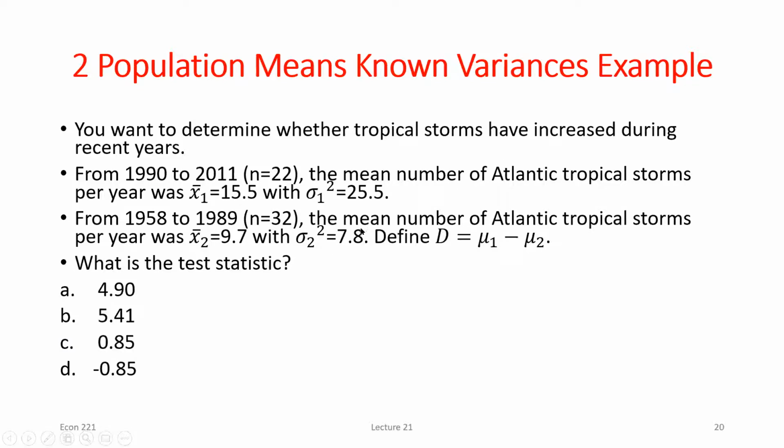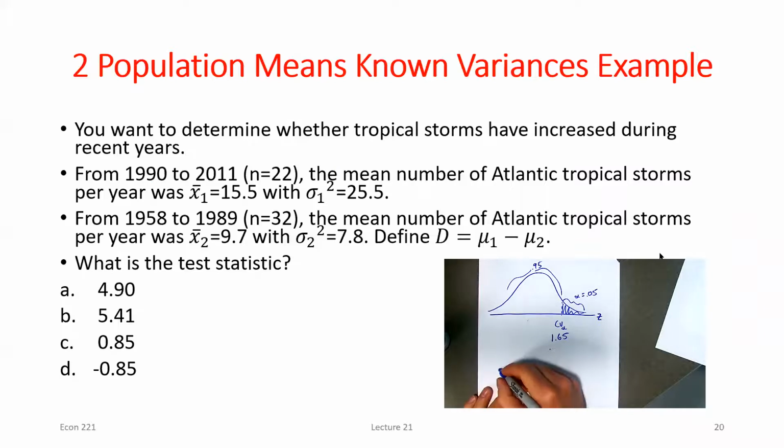All right, so what if I want to find the test statistic? Well, first of all, let's just think about what was the sample difference that I found? The sample difference I found was 15.5 minus 9.7, or what, positive 5.8. So I found a positive difference, right?